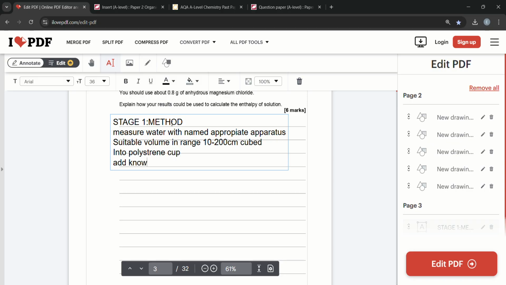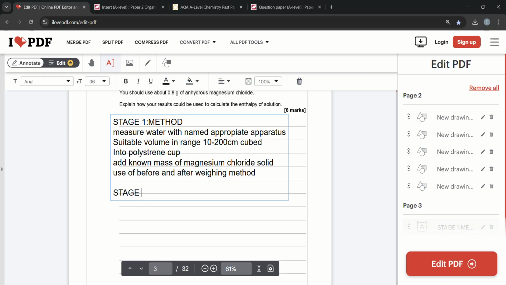Add known mass of magnesium chloride solid, and use of before and after weighing method, not added with washings. Stage 2, measurements, could mark from diagram.